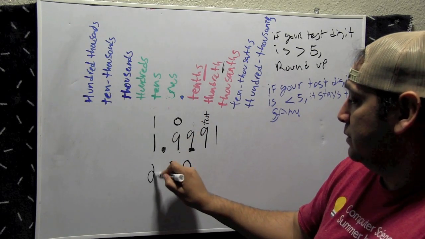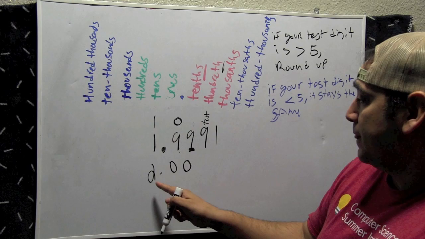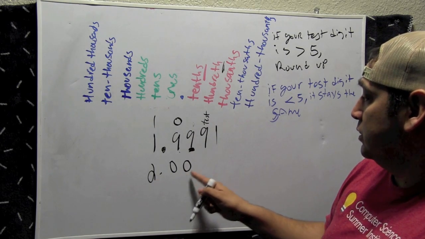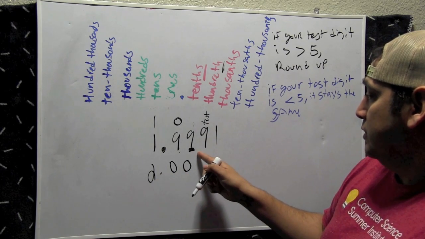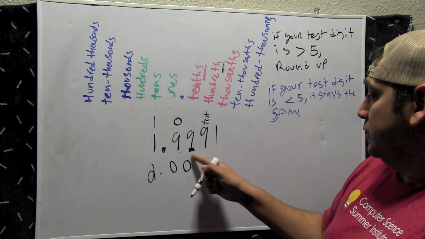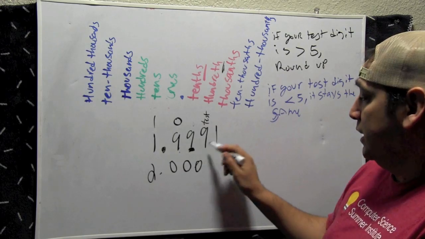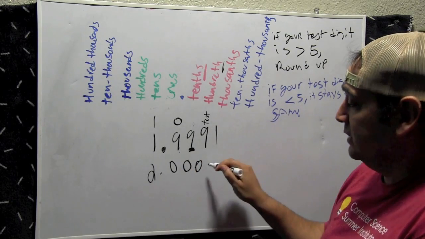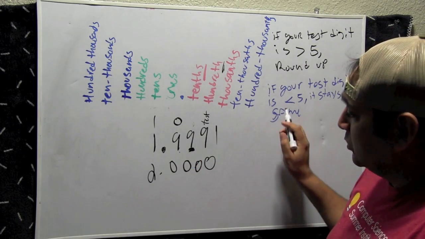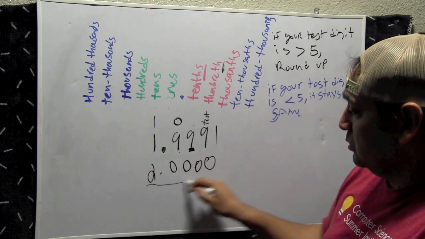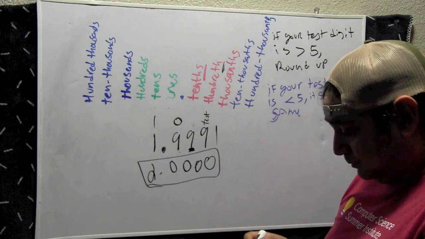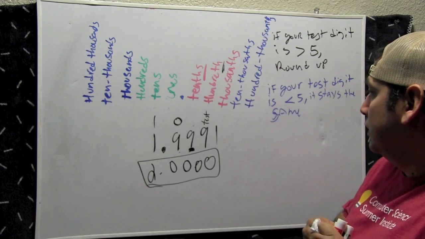So now this becomes a 2. So it's 2.00, and the test digit becomes a 0, and the things behind it also become 0. So you just rounded all this to 2. This is your answer. All right.